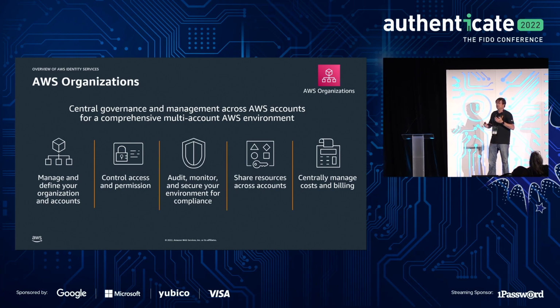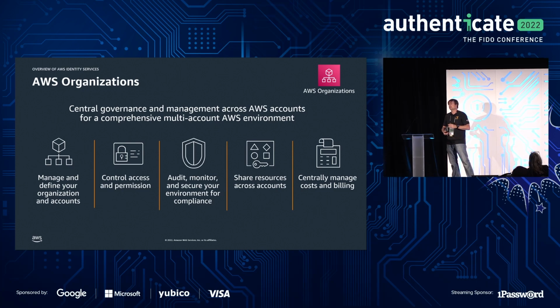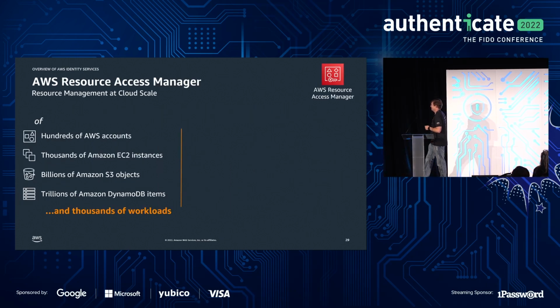With AWS Organizations, you can put this into a whole LDAP-like tree hierarchy. You can assign policies to different parts of that tree. You can assign billing, share resources, set up all those agreements. It gives you an organizational structure with which to set up complex attributes, complex sharing agreements and such.